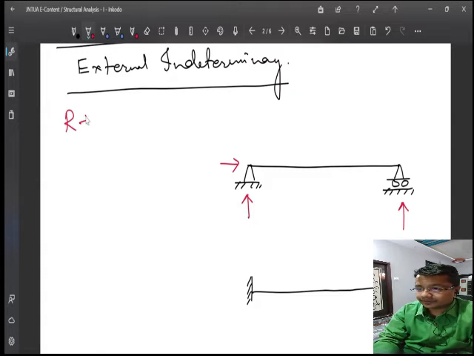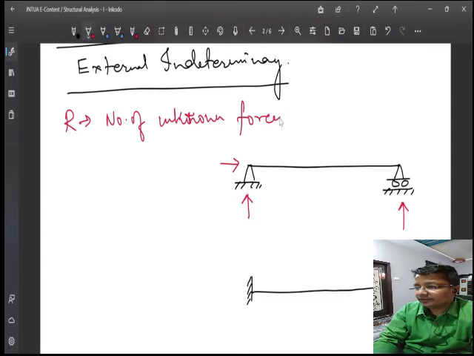So my R, the number of unknown forces, equals 3.